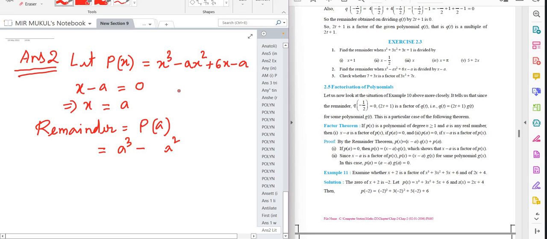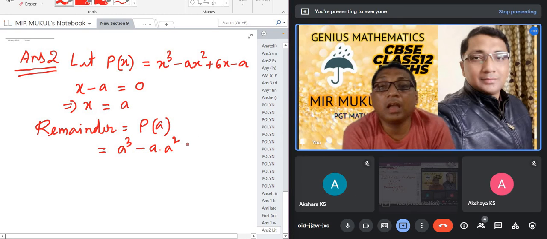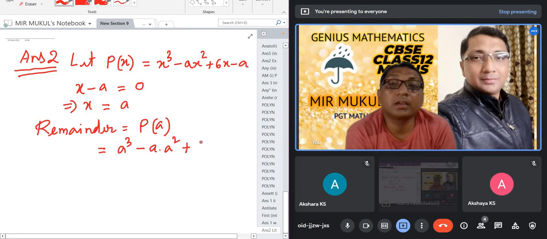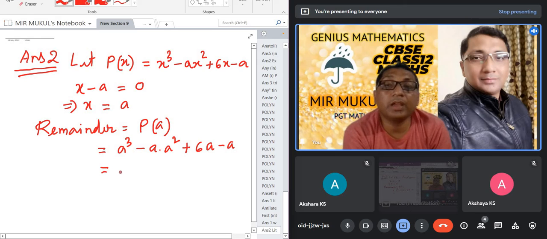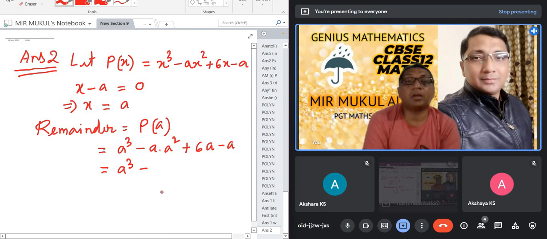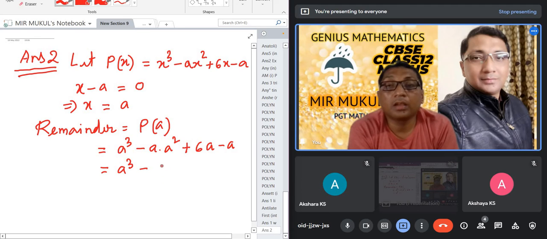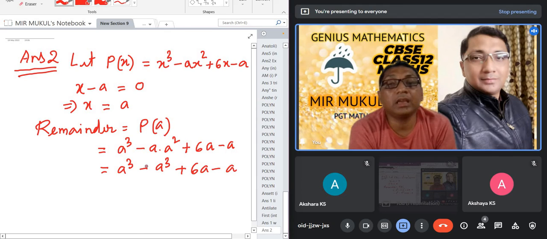So here, in place of this will be a into a square. Now plus 6, in place of x, a, minus a. So what are we getting? a cube minus a into a square, how much? a cube plus 6a minus a.